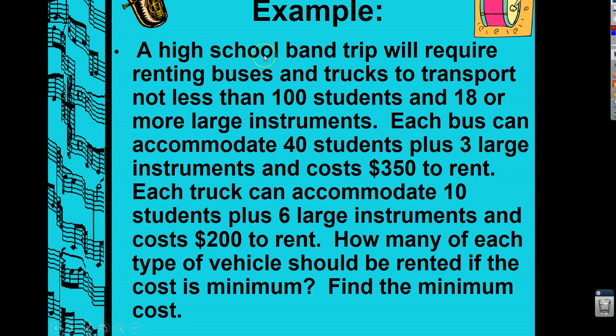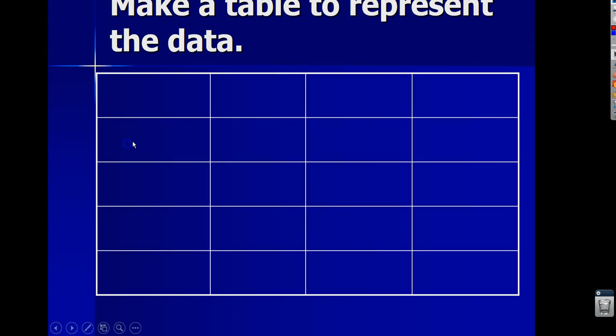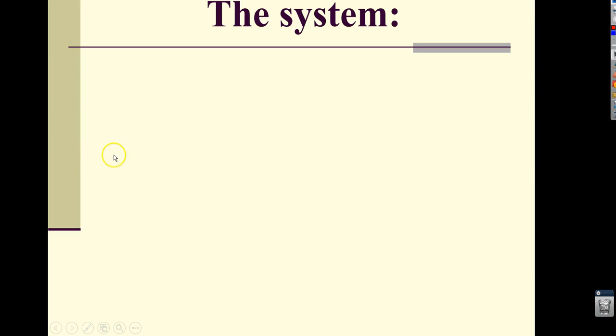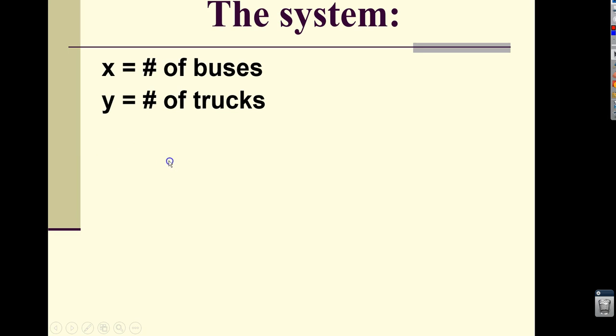A high school band trip will require renting buses and trucks to transport not less than 100 students. So it says make a table to represent the data and put your information in there. And we're going to use x equals buses, y equals trucks.